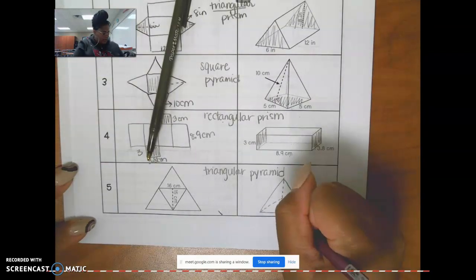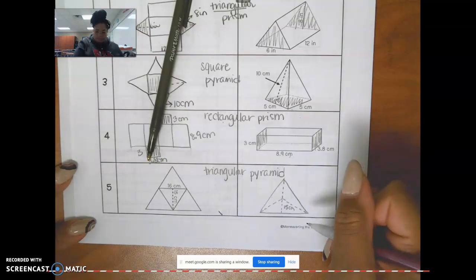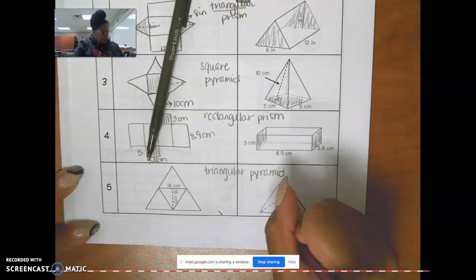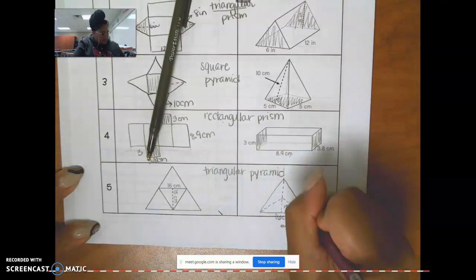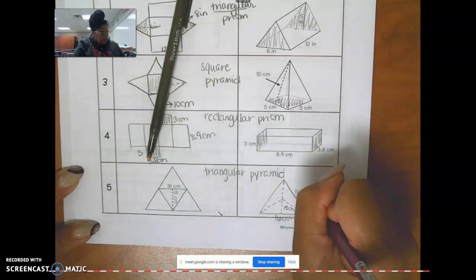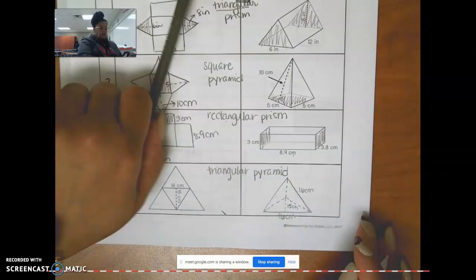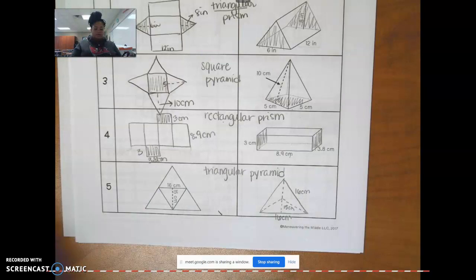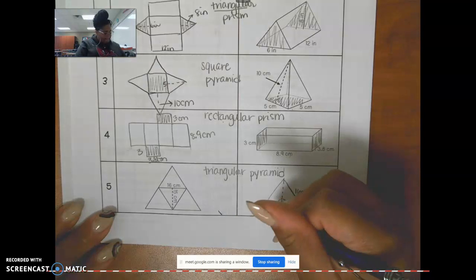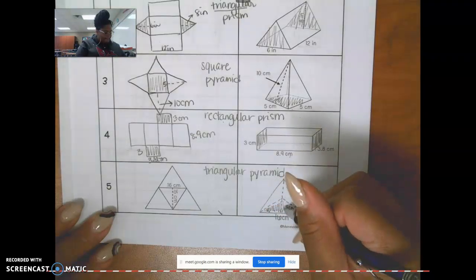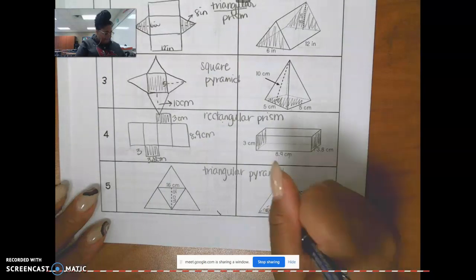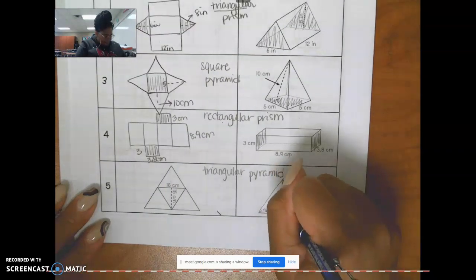So the height of this down here is 15 centimeters. This is an equilateral triangle. So this is 16 centimeters. This is 16 centimeters. Alright, and then I still need to shade in the base. 15 centimeters.